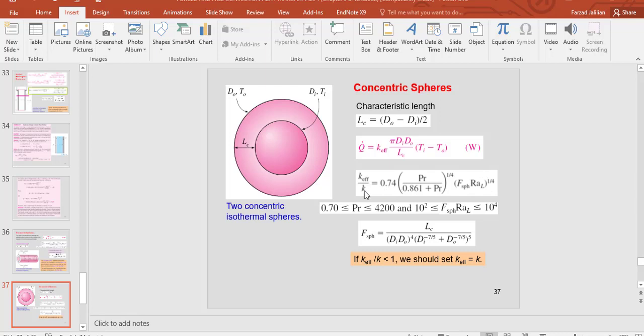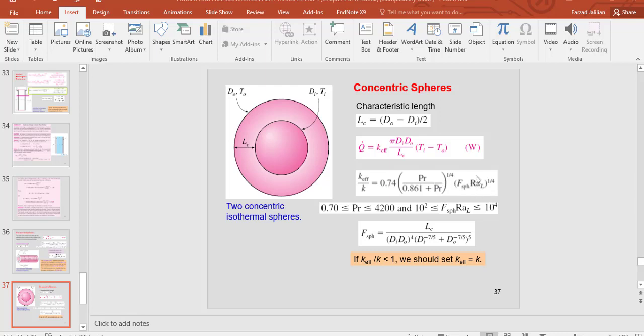K is the thermal conductivity of the fluid, which can be found from the table. Again, for the average temperature, Ti plus To divided by 2, you should find the thermal conductivity, also the Prandtl number for that value of the temperature.